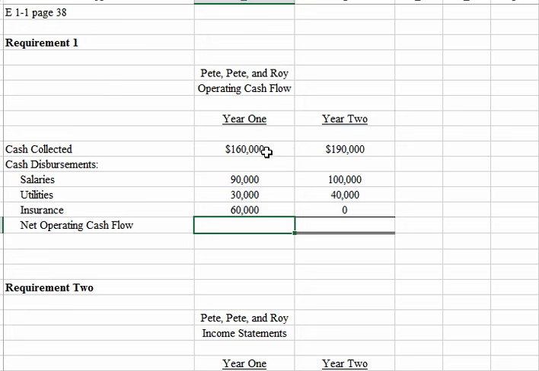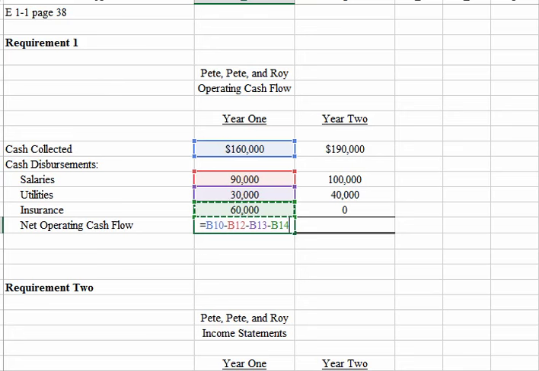So we're just going to say cash collected, the $160,000. So this one's going to be equal to our $160 minus the $90,000 minus the $30,000 minus the $60,000. I like using the Excel formulas.